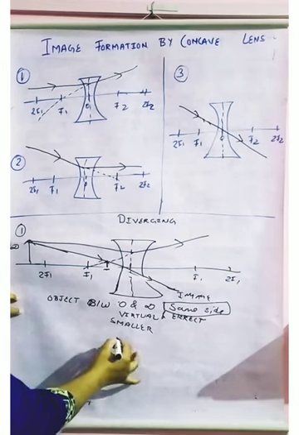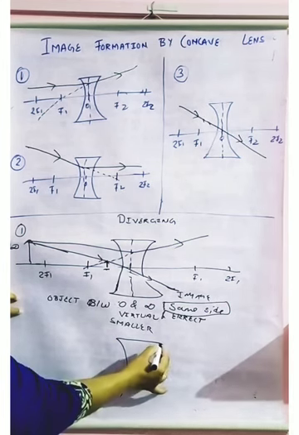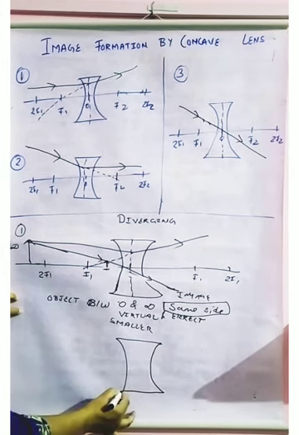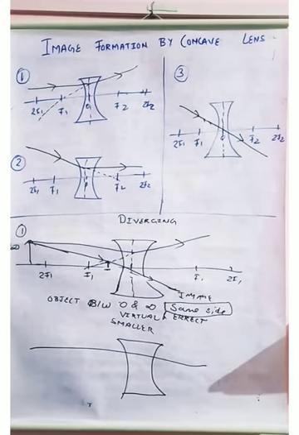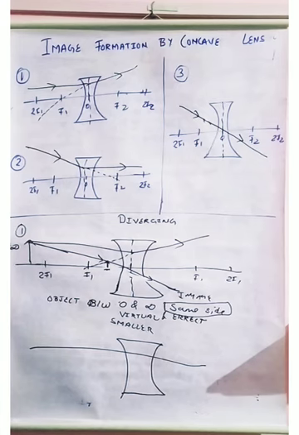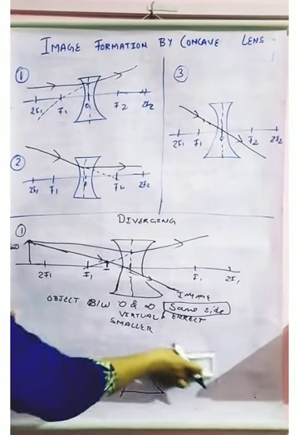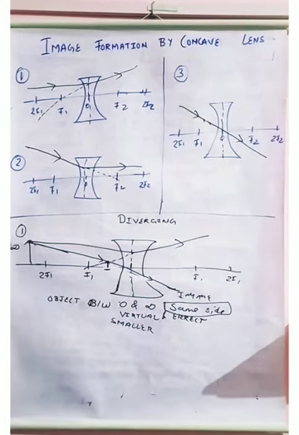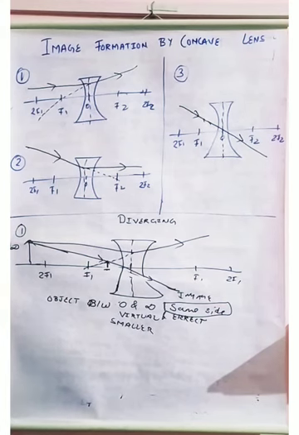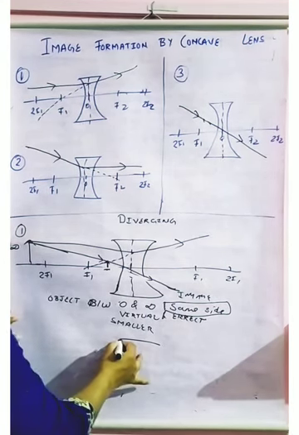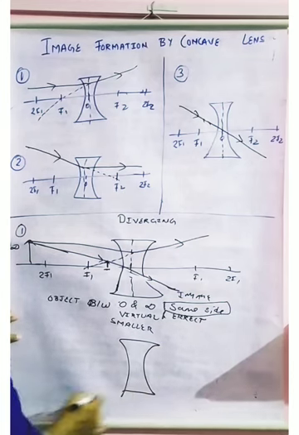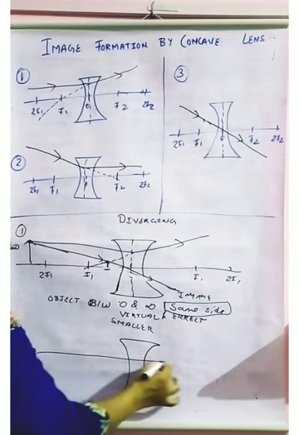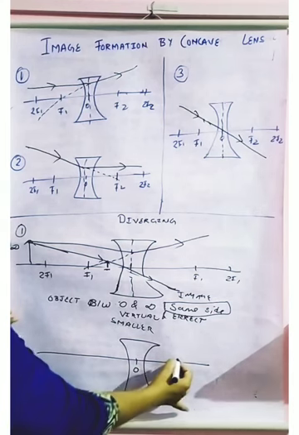Okay. Now the next case, the second of the two cases we are going to discuss: when the object is kept at infinity. We have kept the object purposefully at infinity. Again the image is going to form at the focus, and the nature will be virtual, erect and of small size. So this will be the optic center.